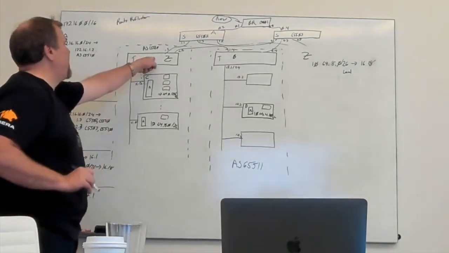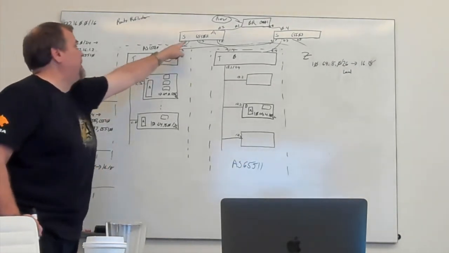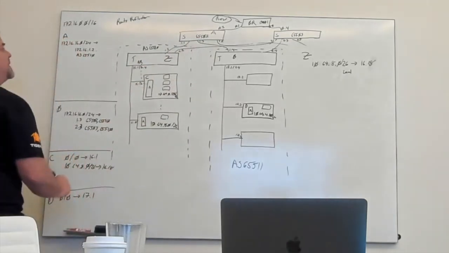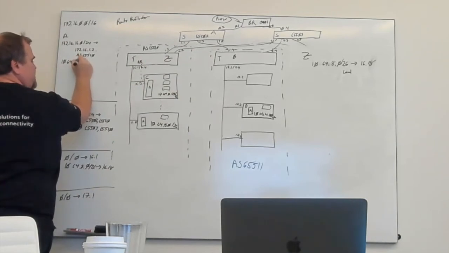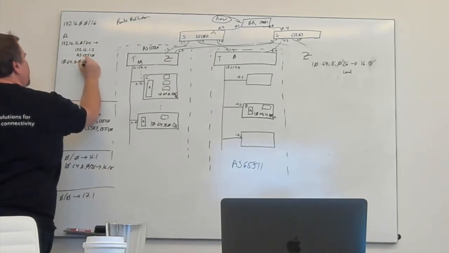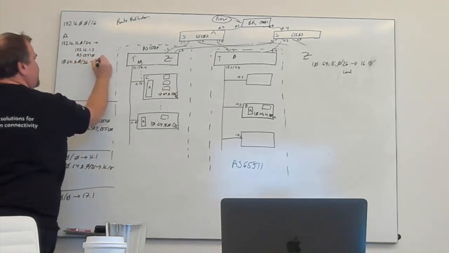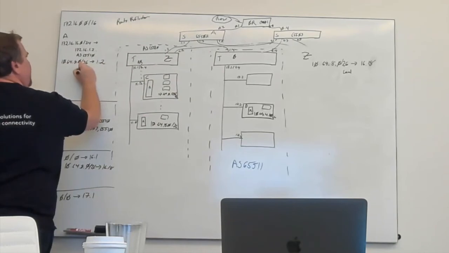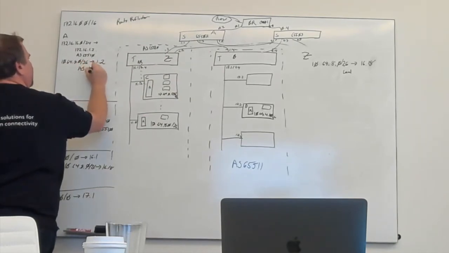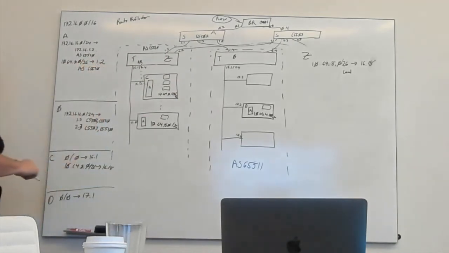At the same time, this router will tell the other ASs, in this case A, that 10.64.8.0/26 is next hop to itself. So I'll get that as 1.2, and the AS path is 65510.